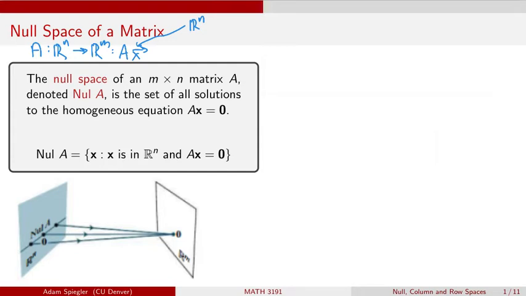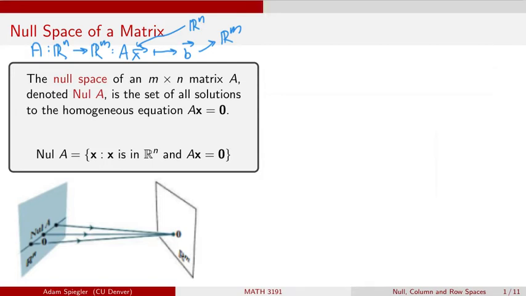So x is in Rn, and after multiplying by A, we wind up with some object over here, which is going to be in Rm. So I can think of a matrix, as we've been doing before, as a transformation from Rn into Rm. And looking at some important pieces of this map, we can construct some subspaces either of the domain Rn or of the codomain Rm.